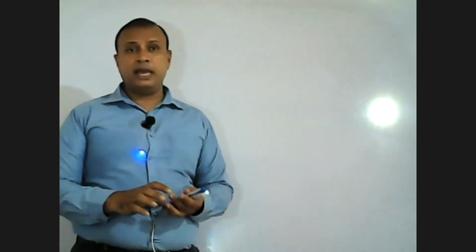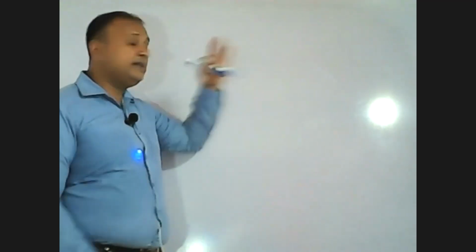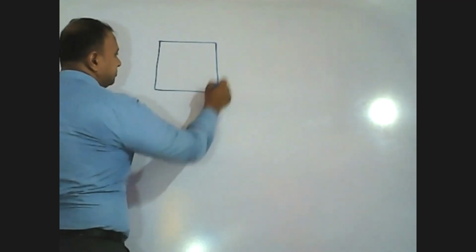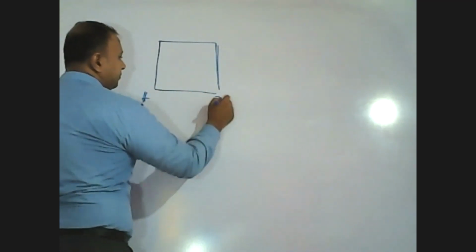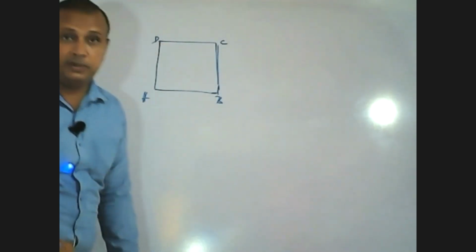Today we are going to discuss some question types. In this section, we are given some vector, and we are asked to find another vector using that vector. Something like this. Suppose ABCD is a square.